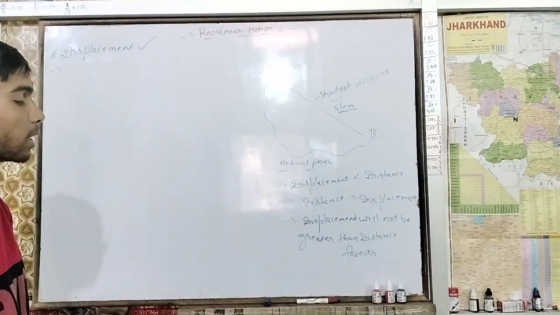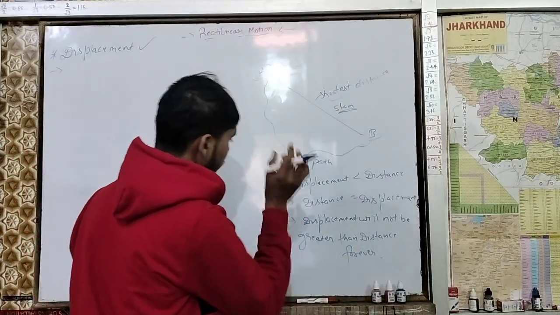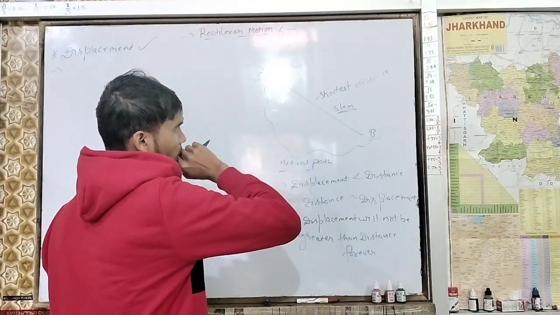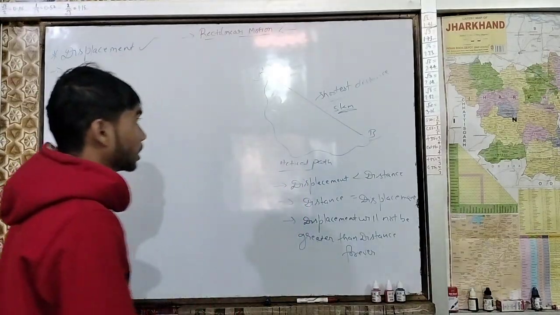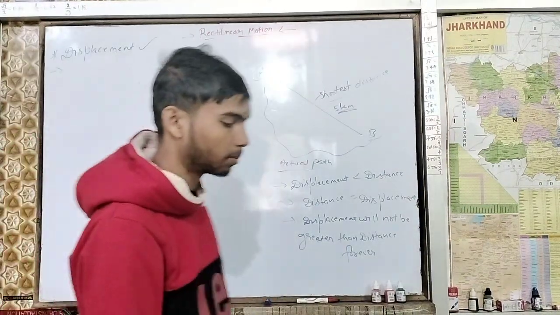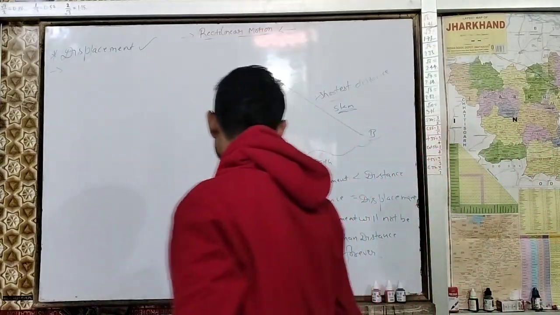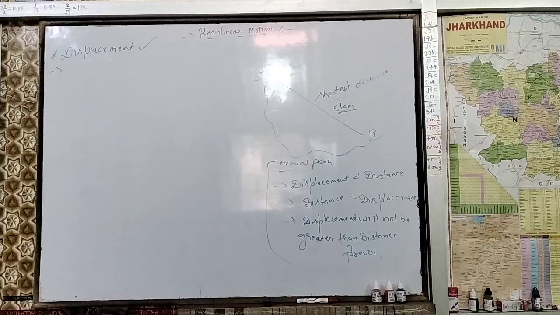Displacement will not be greater than distance. Here you can see this is the shortest, but here distance is greater than displacement. These three things will happen. It is a universal truth. This was for displacement and distance.